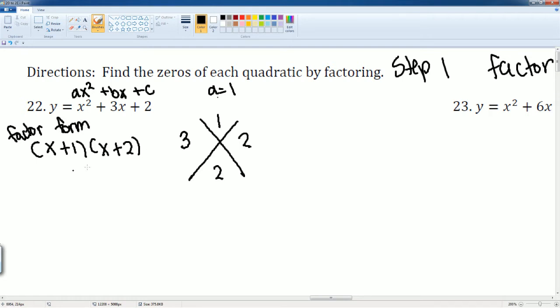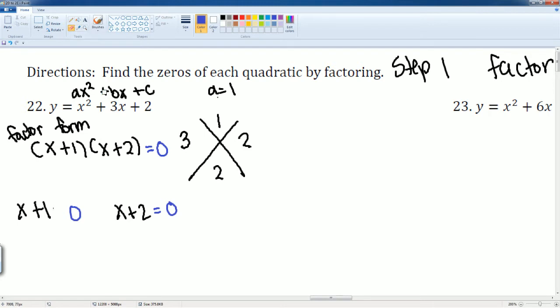Now I set it equal to 0. That's the key here. There are two separate problems here. You have your x plus 1 equaling 0, then you have your x plus 2 equaling 0. Now we can solve.